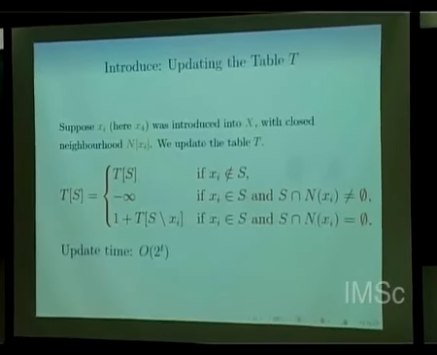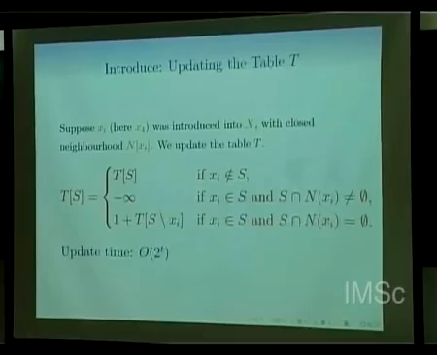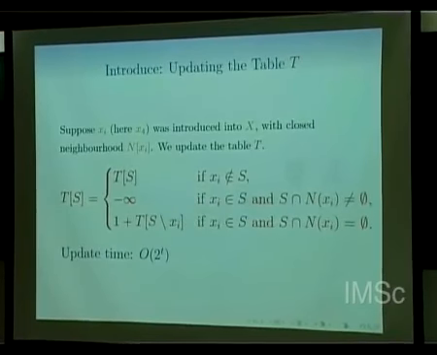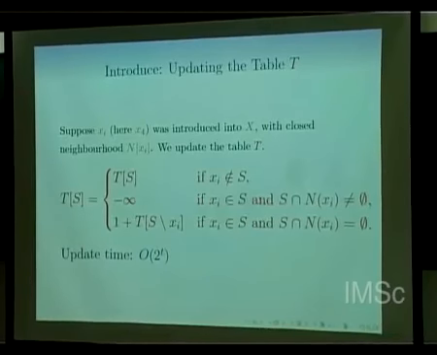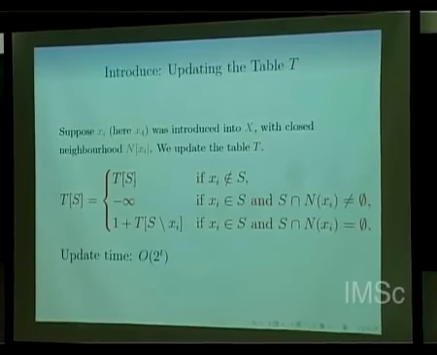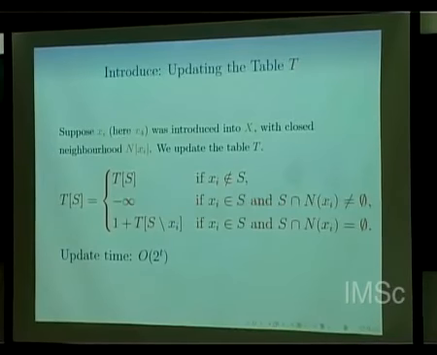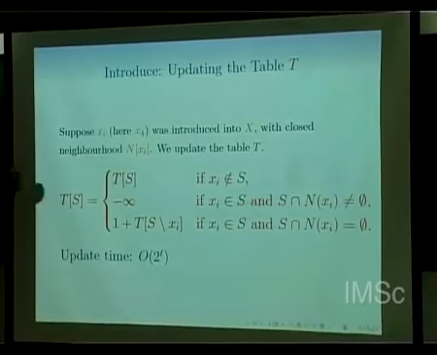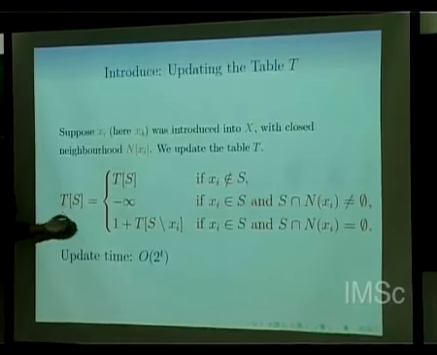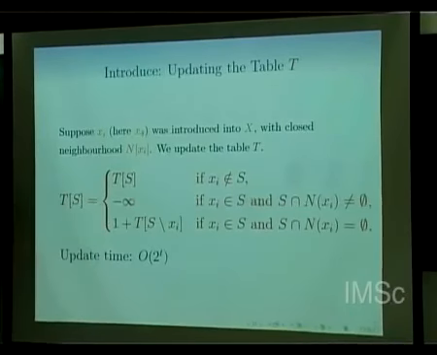What are you trying to do? You are trying to find the largest independent set in the below graph such that the intersection with the boundary is this. Now if S does not contain the new vertex, then from outside you can only get the same number of vertices as before, because the newly added vertex is in the boundary. So if this newly introduced vertex is not part of that subset, then we don't have to update anything, it remains.